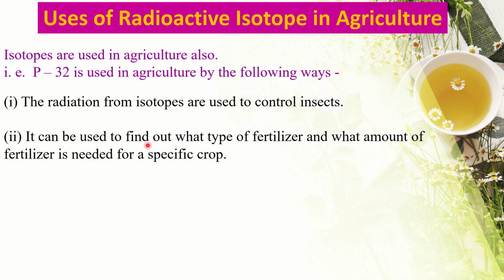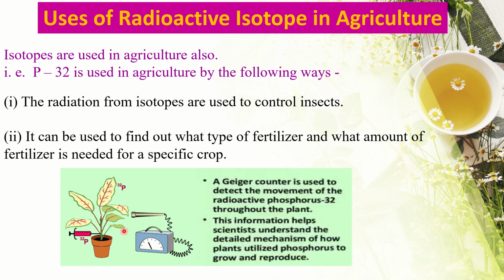It can be used to find out what type of fertilizer and what amount of fertilizer is needed for a specific crop. By sending a radioactive isotope, we can determine the type of fertilizer and also the amount of fertilizer.